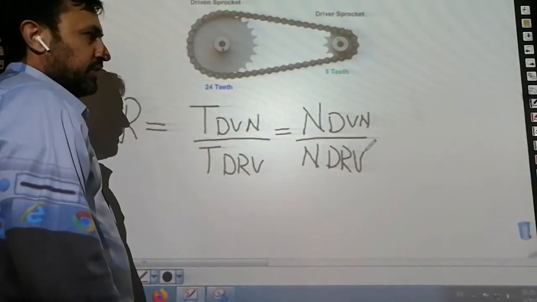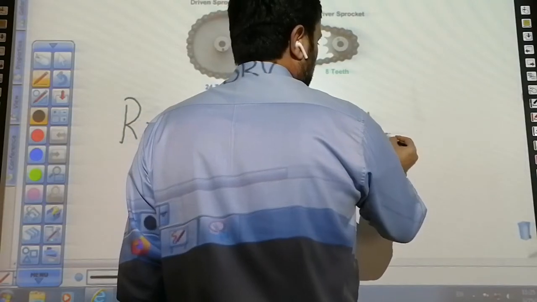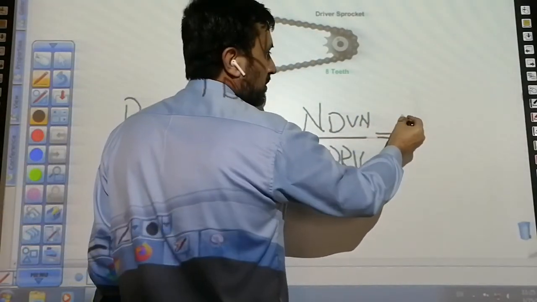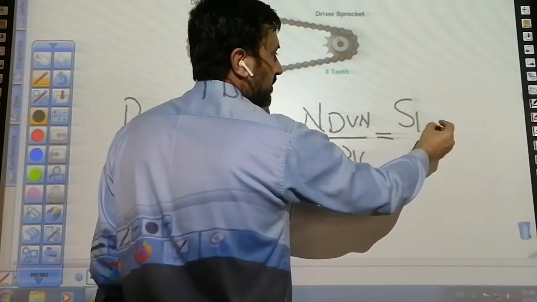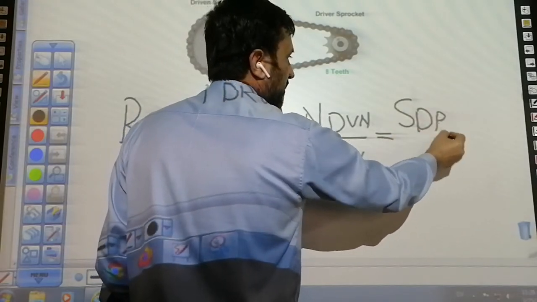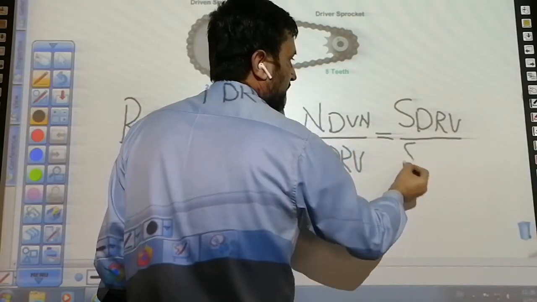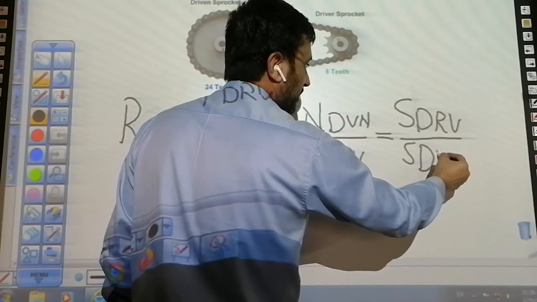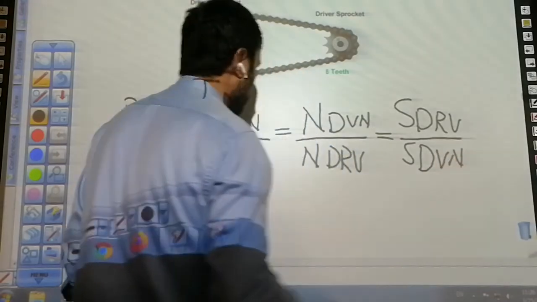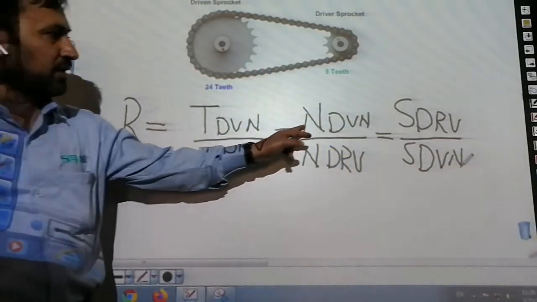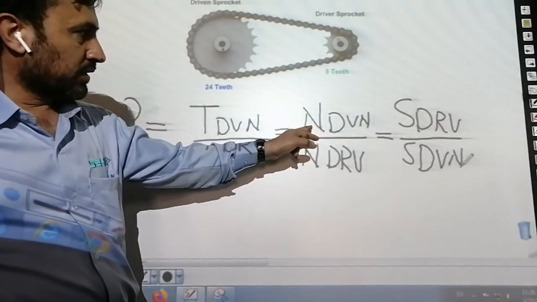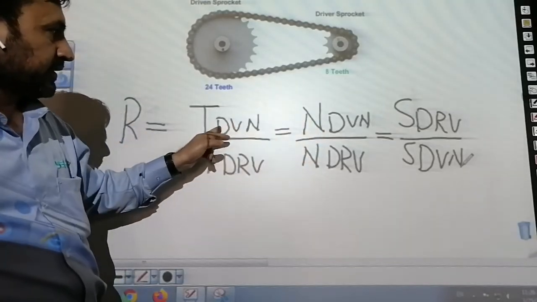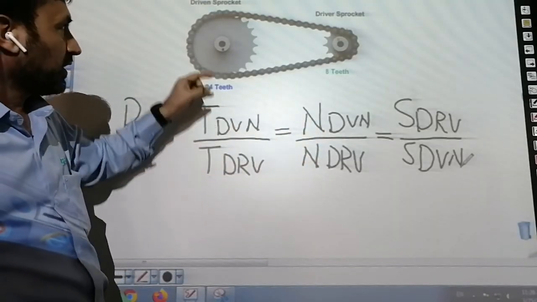And in terms of speed, we know R is also equal to speed of the driver sprocket over speed of the driven sprocket, S dvn. Now you can see here that number of teeth and torque are directly proportional.